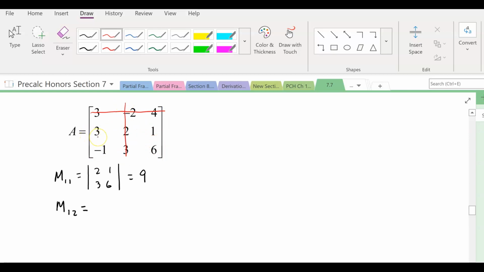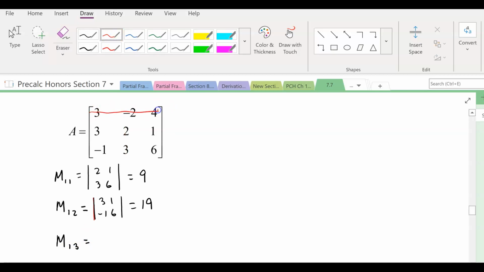So I'm going to find the determinant of those values. So determinant of 3, 1, negative 1, 6. So that's going to be 18 minus negative 1, so that's going to be 19. All right, then we're going to do the minor for entry 1, 3.